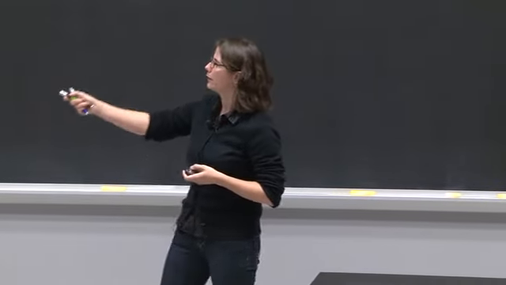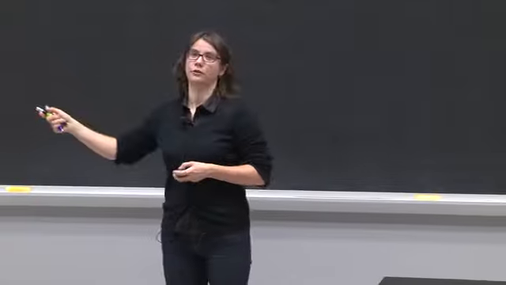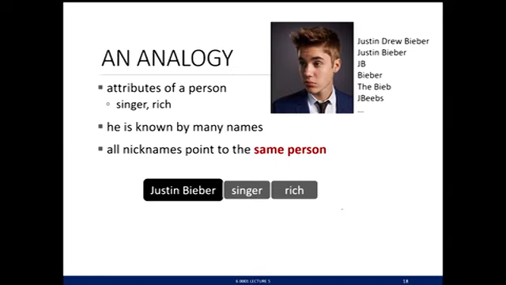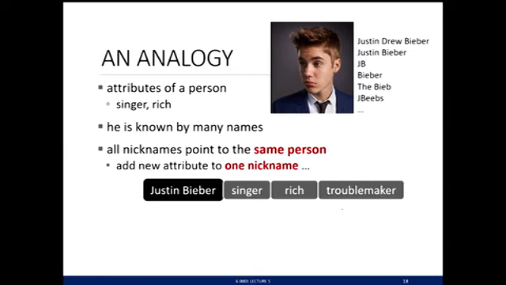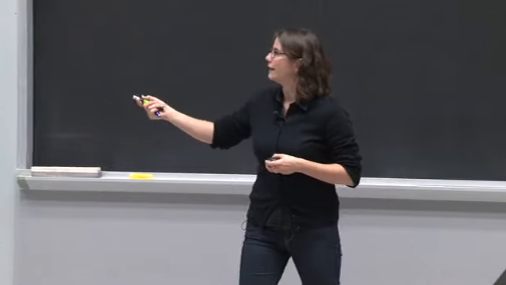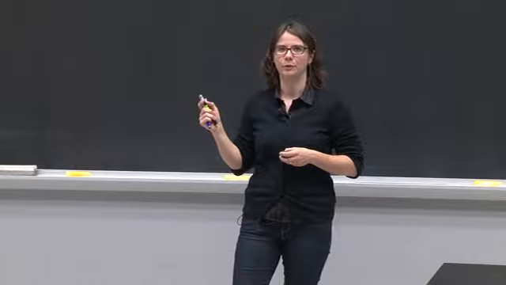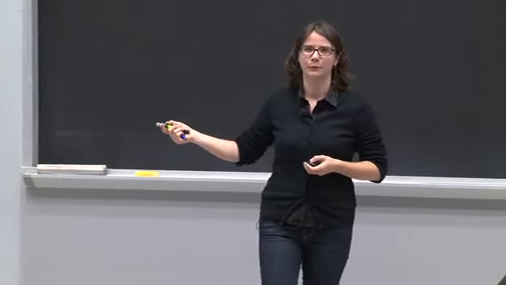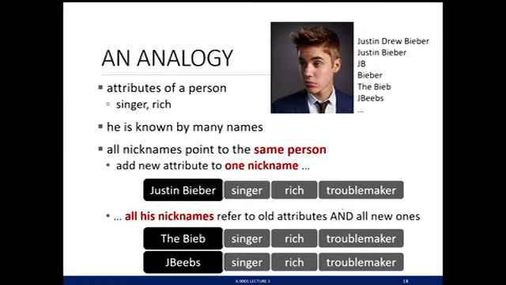Originally, let's say I say Justin Bieber is a singer and rich. Those are the 2 attributes I've originally assigned to him. And then let's say I want to assign a different attribute to him and say Justin Bieber is a singer, rich, and a troublemaker. I'm being kind here. Since it's the same person I'm referring to, all of his nicknames are going to refer to this exact same person object, with these changed attributes.